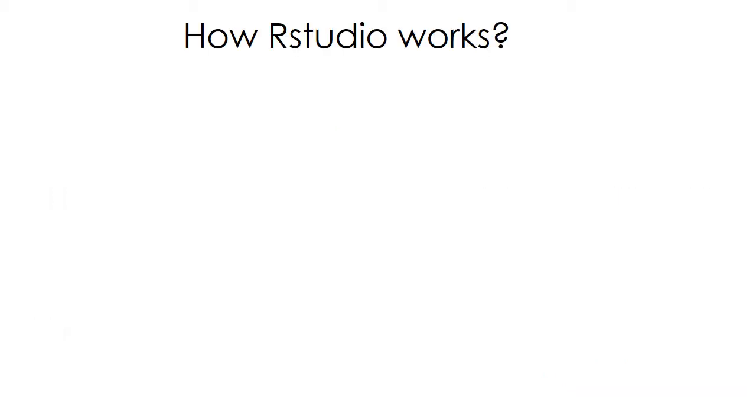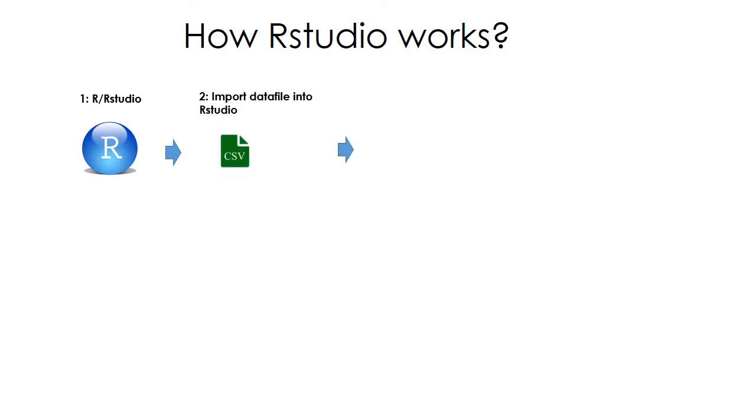So how does R Studio actually work? We need to have R Studio, and in R Studio we will import the data files, the data sets, into our R Studio. Once we include it into R Studio, we will select packages. We select a module.